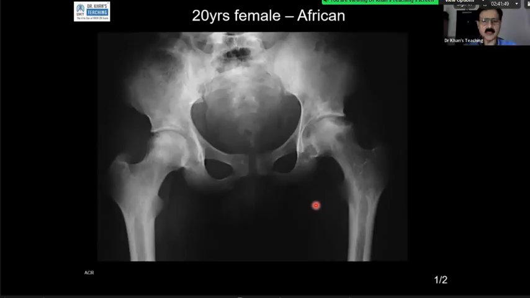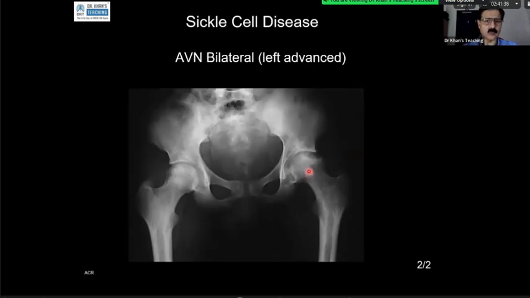Okay, that's fine. Thank you. Well done. These kinds of films do come in the exam. They can come in the rapid reporting also. This patient has bilateral findings: there is bilateral avascular necrosis, more advanced on the left side with sclerosis and some collapse.